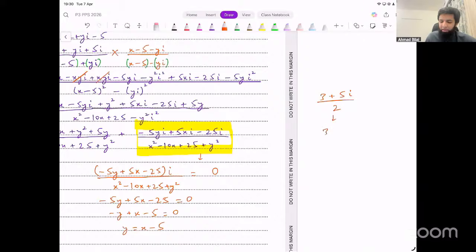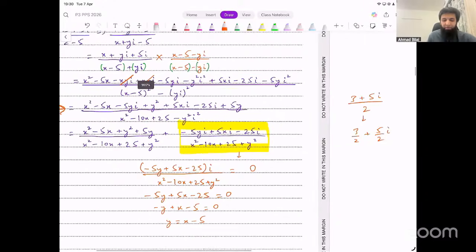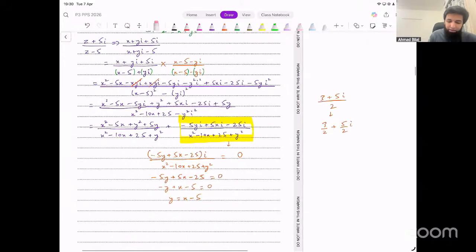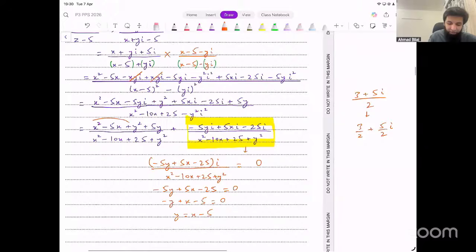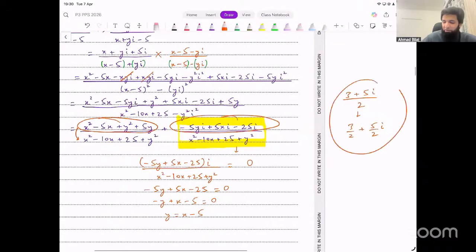I can write the real part separately, 3 over 2, and the imaginary part separately, 5 over 2 iota. That's exactly what I'm doing here as well. We are saying these are all real terms. Let's write them separately with this denominator. And the rest of them are the imaginary terms, we write them separately, just like we wrote it in this case.